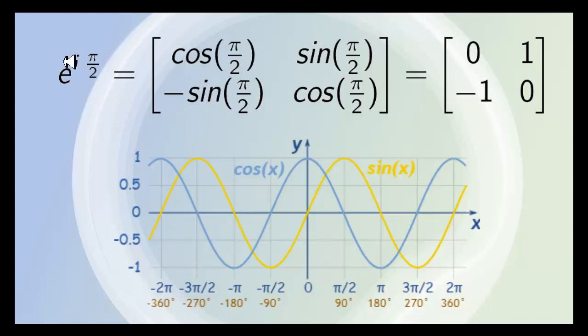So e to the I times pi over 2 is equal to what I'm calling I, but I put I in brackets. In the 2 by 2 matrix complex formalism, this is equal to I. But again, just because the forward diagonal is 0 doesn't mean the real part disappeared.